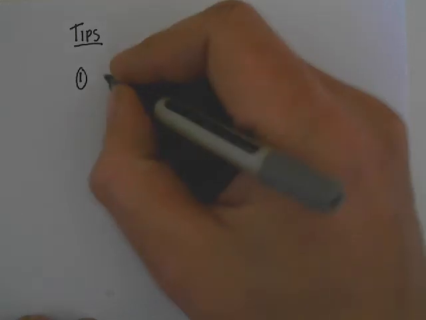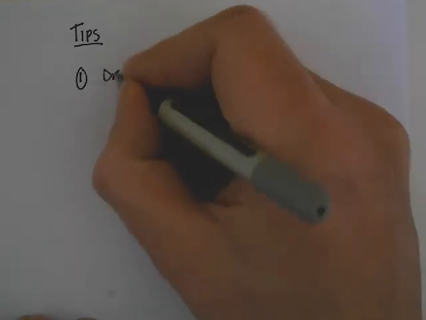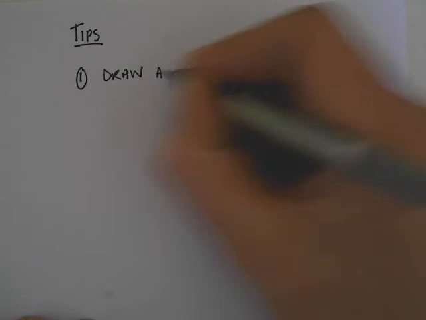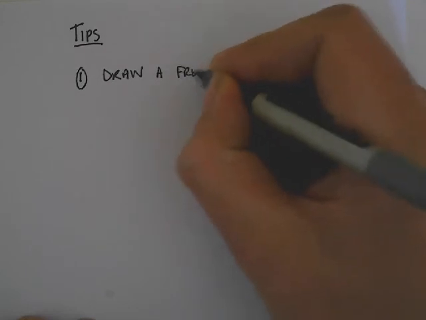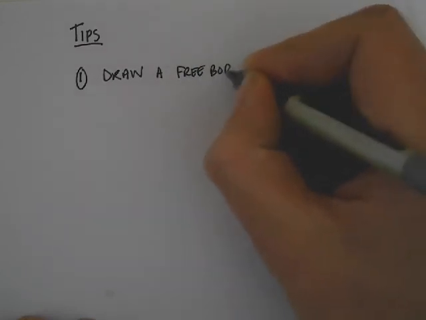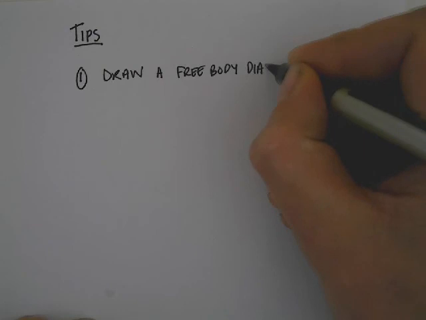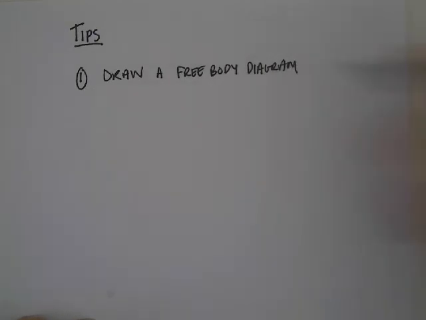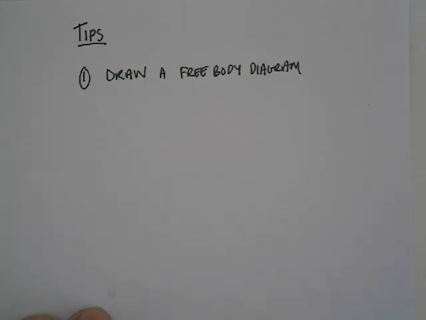So, how do you do these? Well, there's a couple of little tips for when you do this. Tip number 1. You might not feel like doing it, but redraw a free body diagram. If you draw the free body diagram, it often makes it clearer.